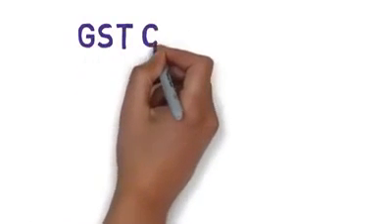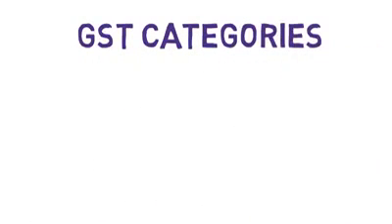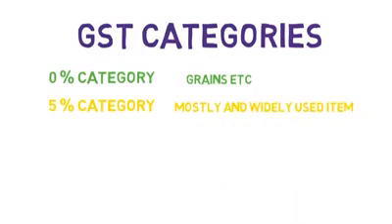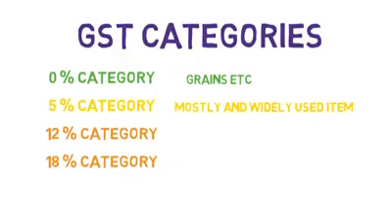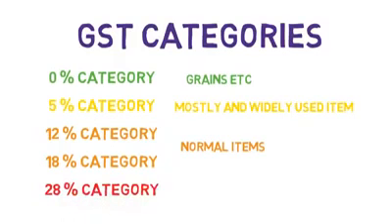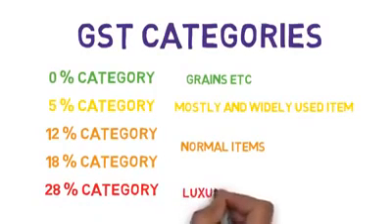We will also have 5 categories in GST in India. 0% category, which will apply on food grains etc. 5% category, which will apply on mostly and widely used items. 12 and 18% categories, which will apply on items which are normally used. 28% category, which will apply on luxurious items.